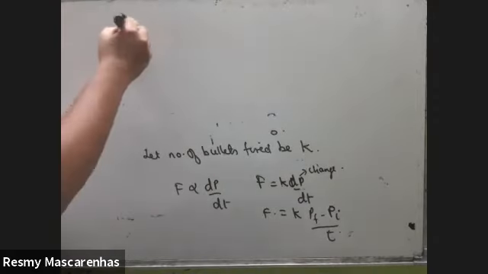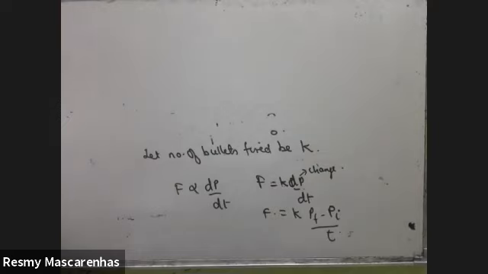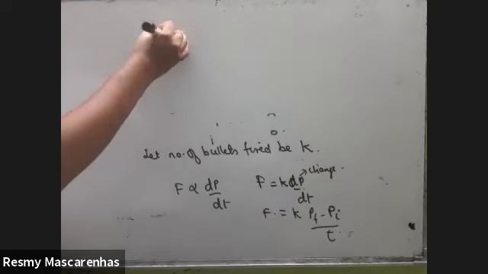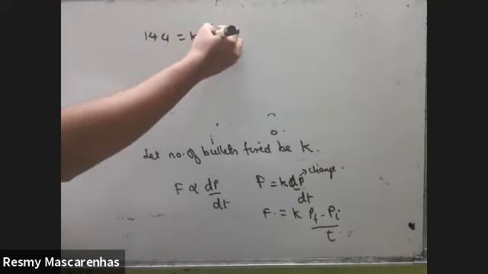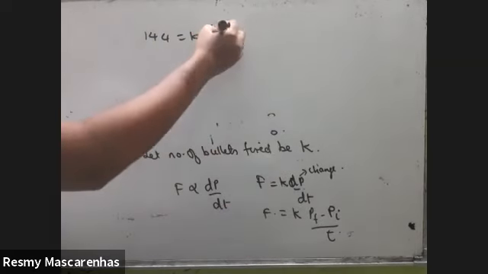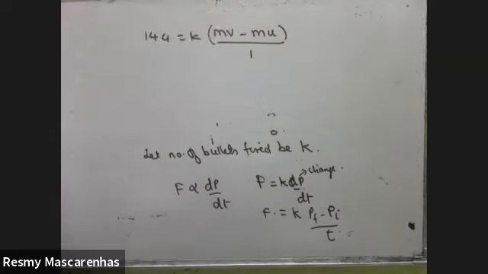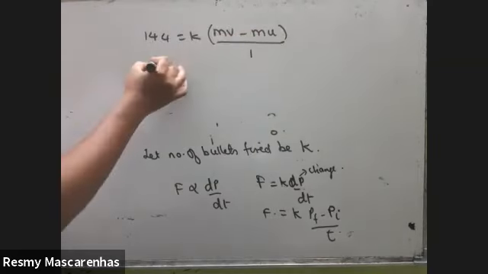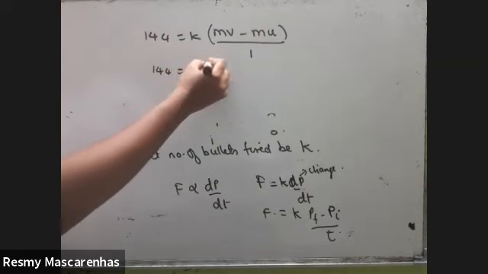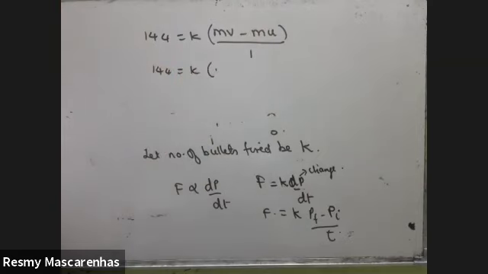Time is given to me as 1 second. Force is given, substitute. K we have to calculate. This will be mv minus mu on 1. u is 0. m is how much, the mass of the bullet? 40 grams has been given.